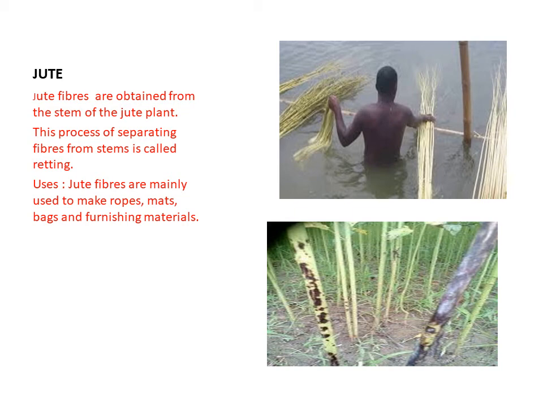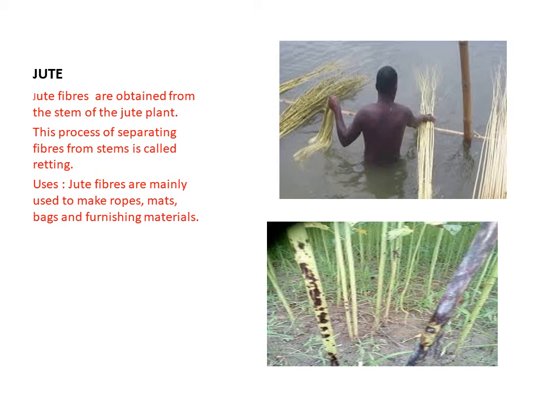They are naturally glued together by a sticky substance which needs to be removed in order to get the fibers. How will we remove the sticky substance? This is done by keeping the stems in water, which rots them and loosens the fibers.